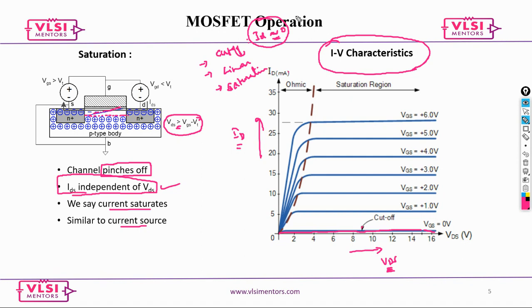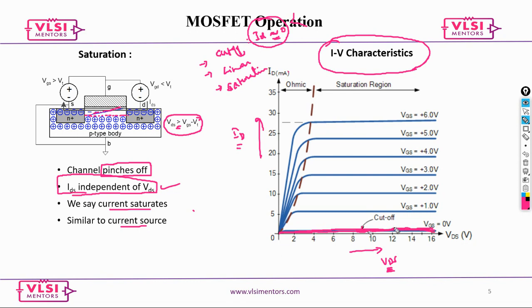There would be some leakage, which we treat as static power. This cutoff region is going to be something like this. Remember, in cutoff the transistor is off and your ID is zero. This is the area the transistor would operate in.